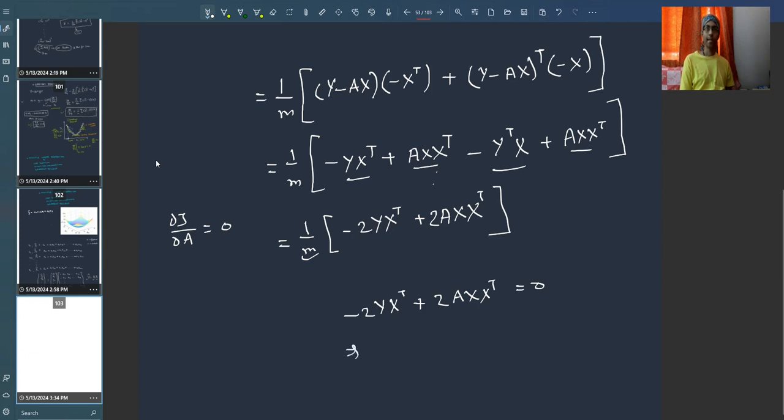If you rearrange it, a has to be equal to y x transposed by x transposed. This is our minimization condition for the matrix form of multiple linear regression.